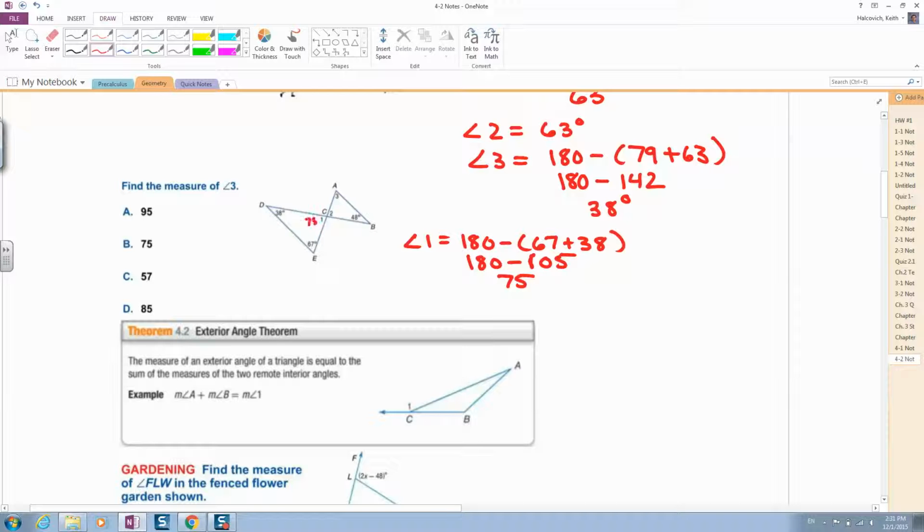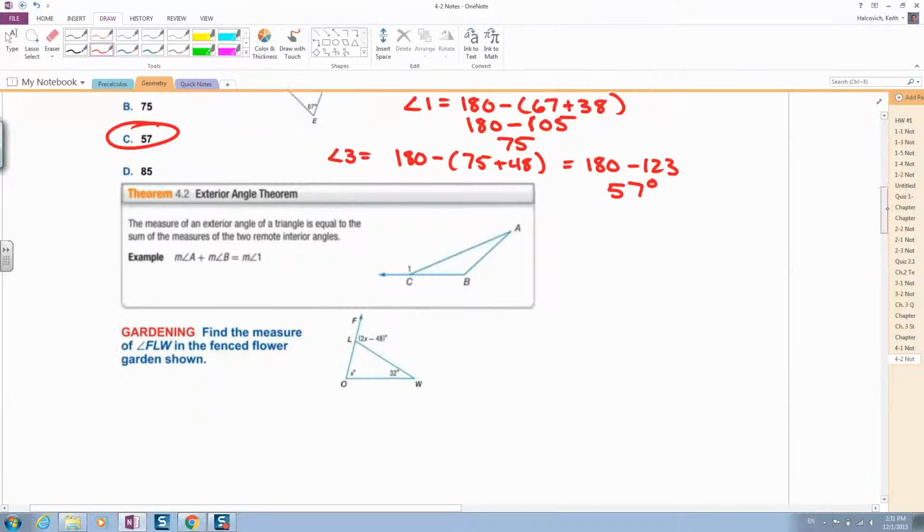Then angle 2 is also 75. So then angle 3 is equal to 180 minus (75 plus 48), which means it's 180 minus 123, and that's equal to 57, which is C.